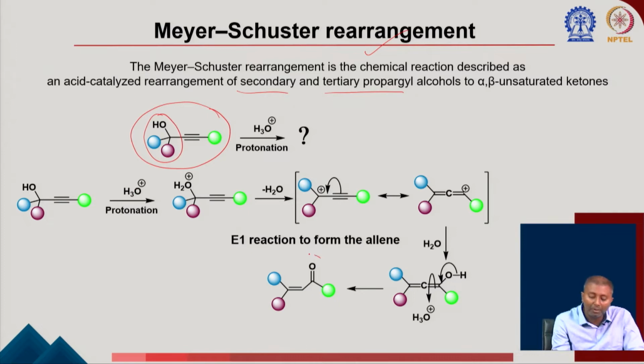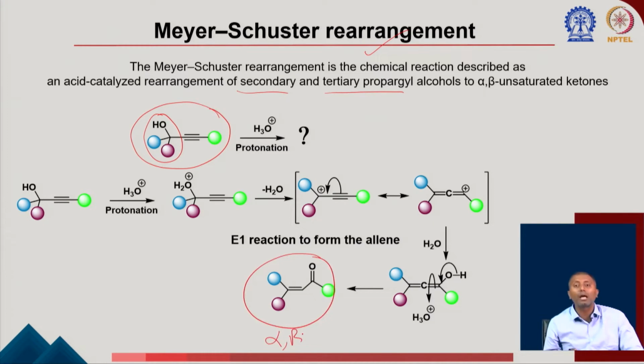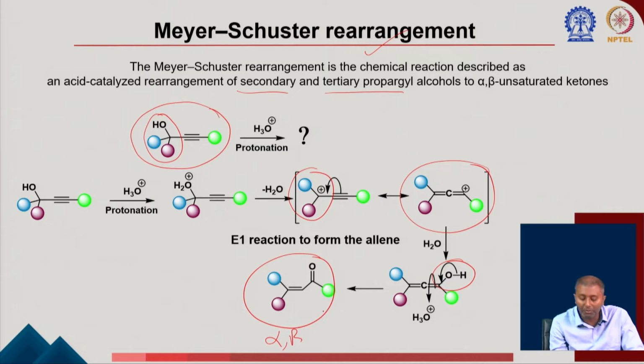It can form the alpha beta unsaturated carbonyl compound. So how is it happening? It first forms this particular carbocation after elimination of water. Now it will go through resonance to form this allenyl carbocation, which will be attacked by water. Now it is going to form the corresponding alpha beta unsaturated ketones.